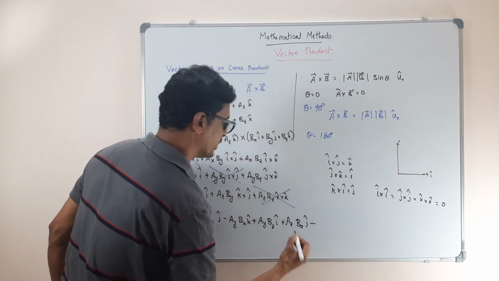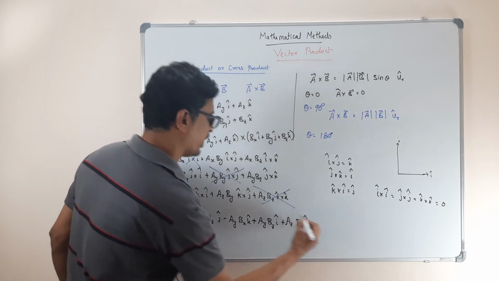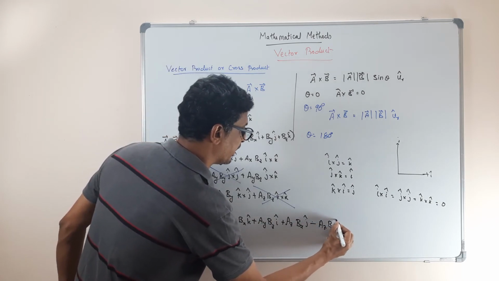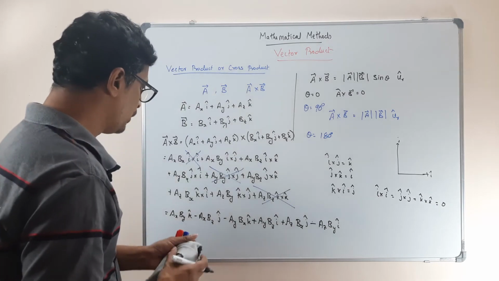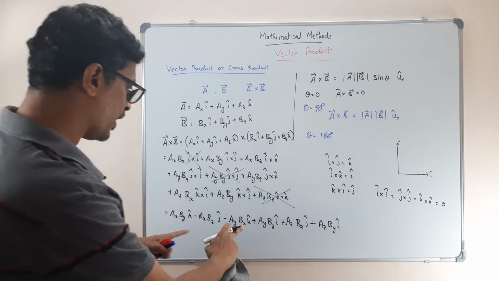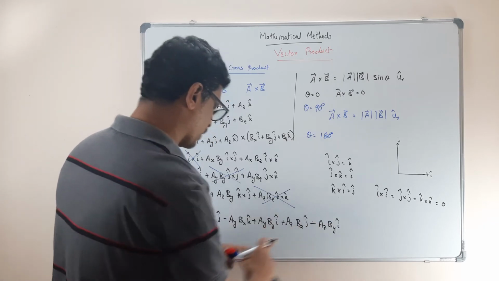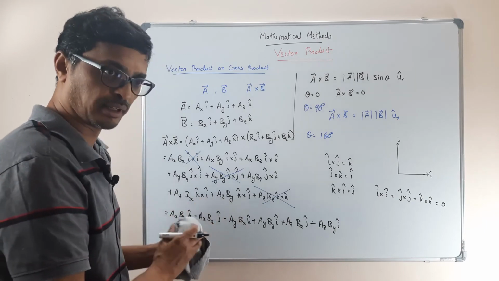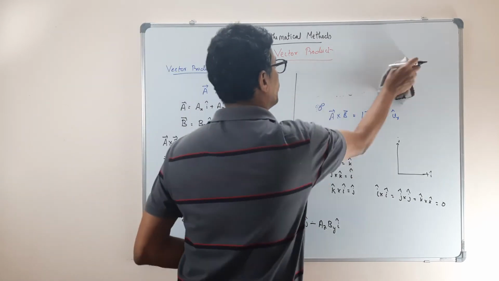So what is the minus? Minus AZ BY into i cap. So let me combine all the i terms together, j terms together and k terms together. So what will it become? Tell me.